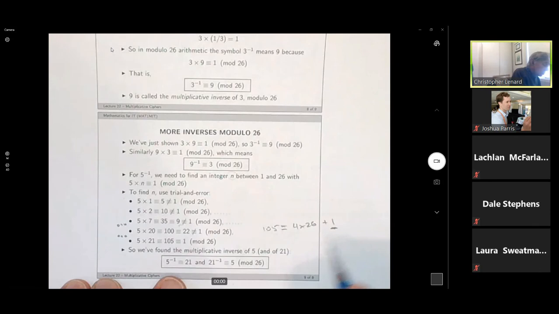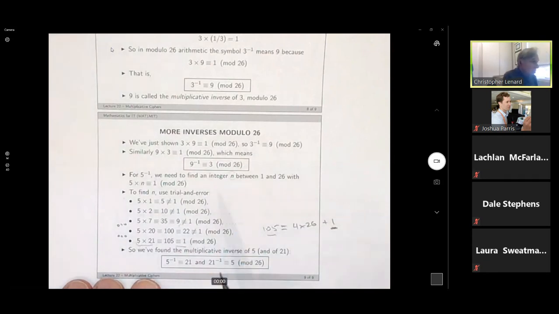So 105 reduces to 1 in the mod 26 system. That means the multiplicative inverse of 5 is 21. 5 times 21 is congruent to 1. The inverse of 5 is 21.